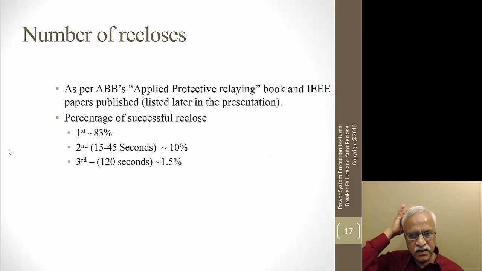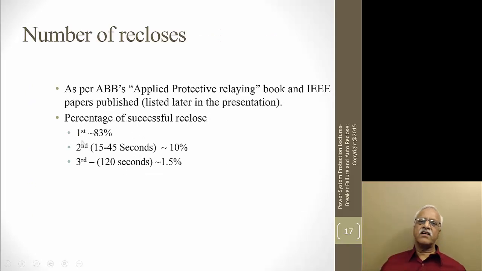On the number of recloses, they say the first reclose is the most successful. It is about 83%, then the second one is about 10%, and the third one is about 1.5%. So the chance of a successful reclose decreases after the very first one.